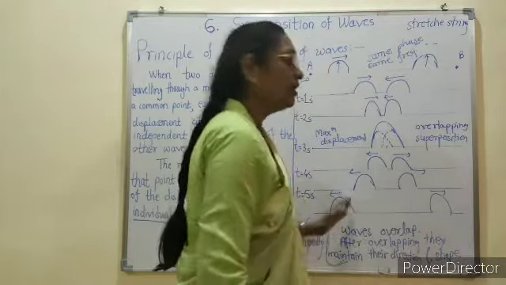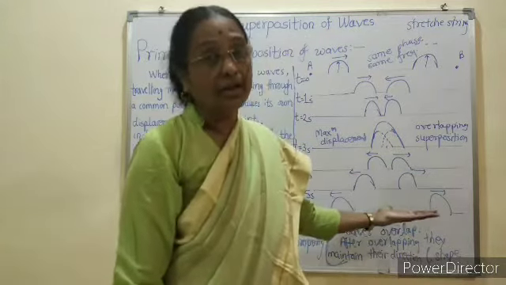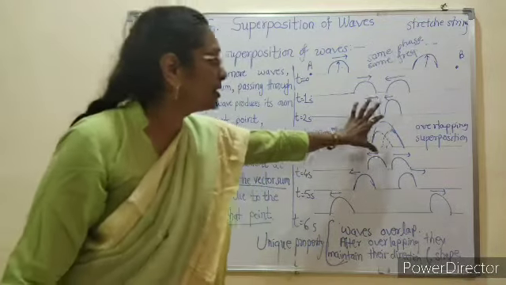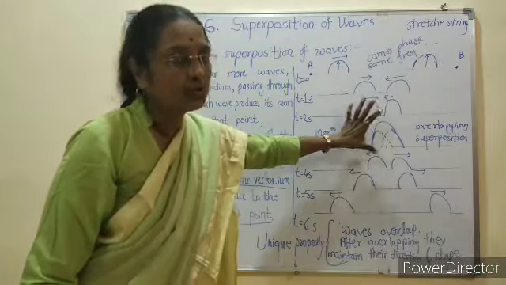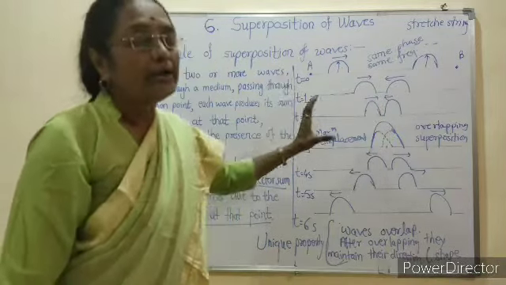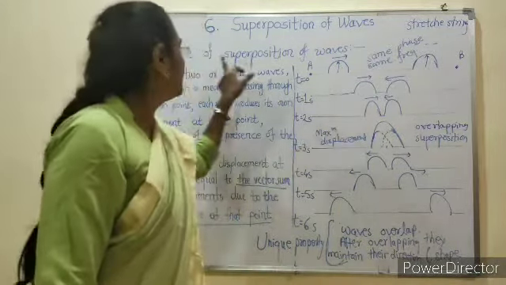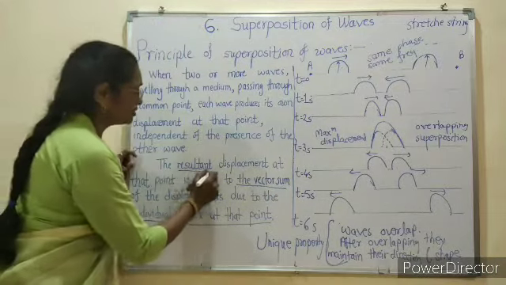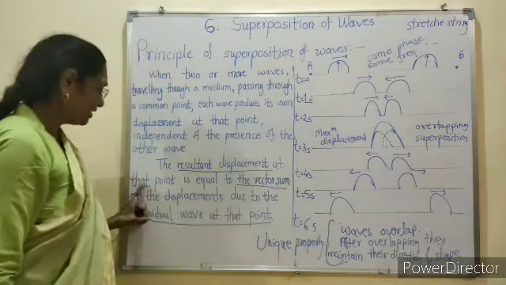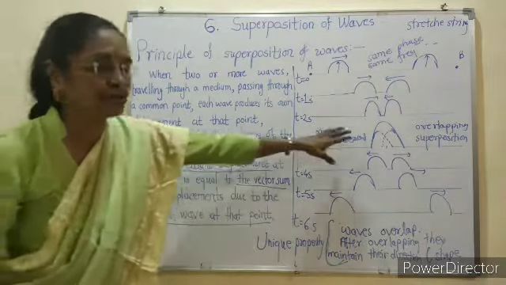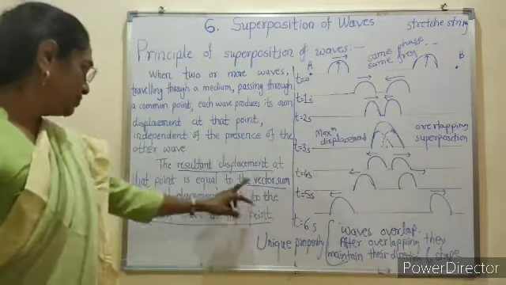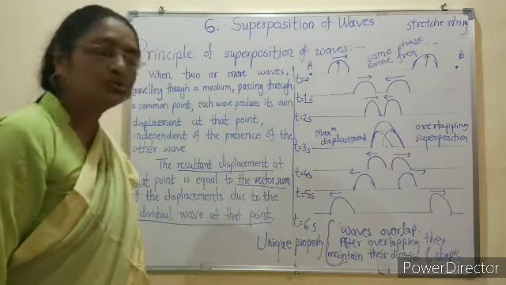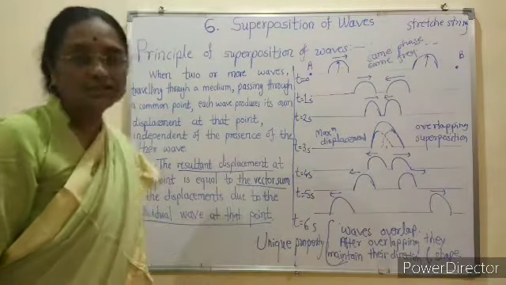They are receding, maintaining their direction and shape. Here the resultant displacement is maximum, and it can be explained by the principle in the second statement, that the resultant displacement at the point of overlapping is equal to the vector sum of displacements due to the two individual waves at that point.